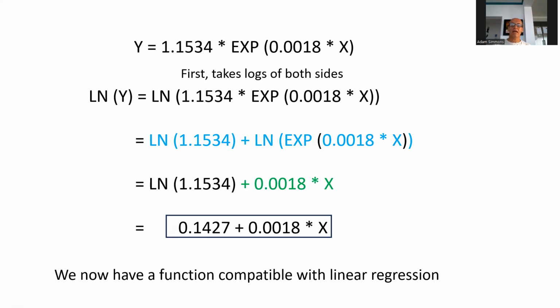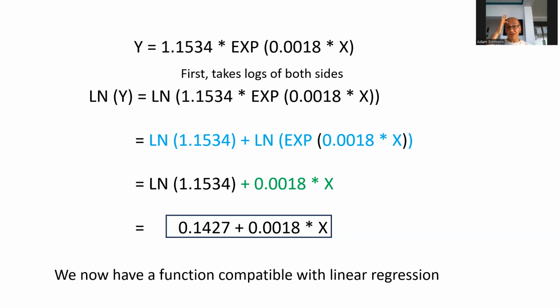Now let's look at this expression here, the logarithm of the exponential of something is just something. So our equation boils down to the logarithm of 1.1534 plus 0.0018 times x. The logarithm of 1.1534 is 0.1427.